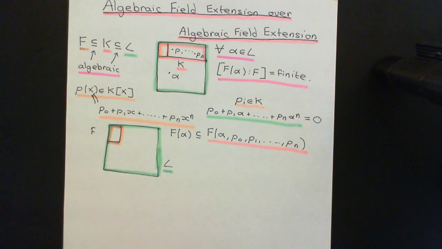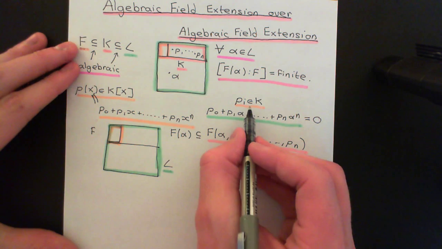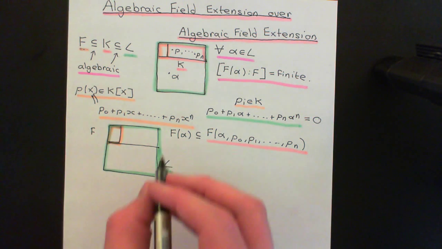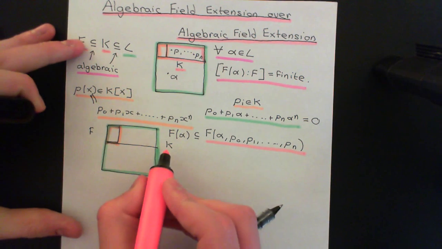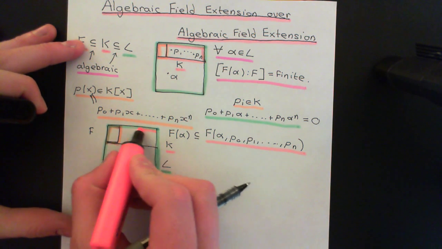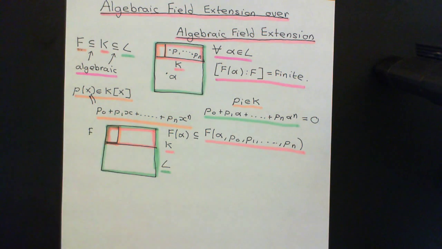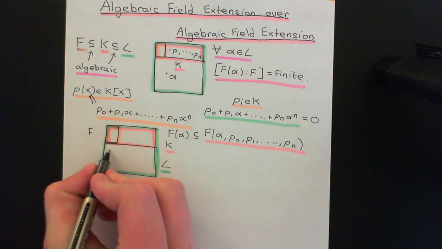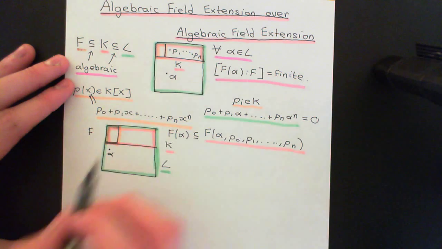And actually I think I will put K on, because we do need to have the fact that p0, p1, all the way up to pn are in K. So I will put K back on, but I'll put my elements in more sensible positions than I did on that other picture, to justify why I am drawing the same picture out again. So now I'm going to put alpha in this sensible position here.